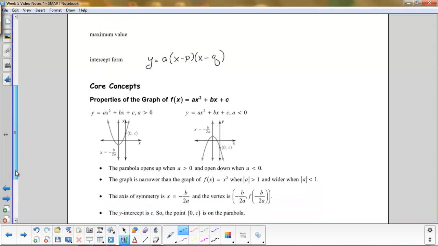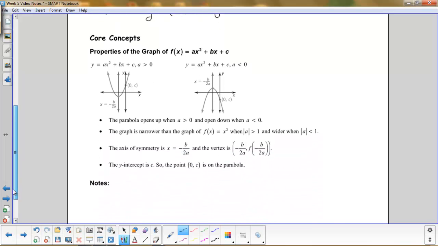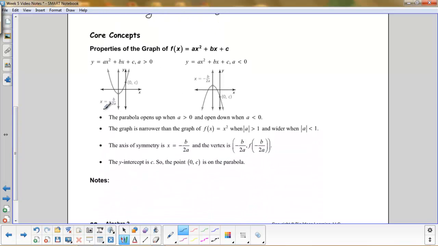All right, so we're going to take a look at some of these properties of a quadratic in standard form, and this one right here is very important, the opposite of b over 2a. This is the way that you determine where the vertex is in standard form. So whenever you're asked to determine, without the use of technology, how to find the vertex of a parabola, and you're given only standard form, you don't need to complete the square, although that would be a useful method also.